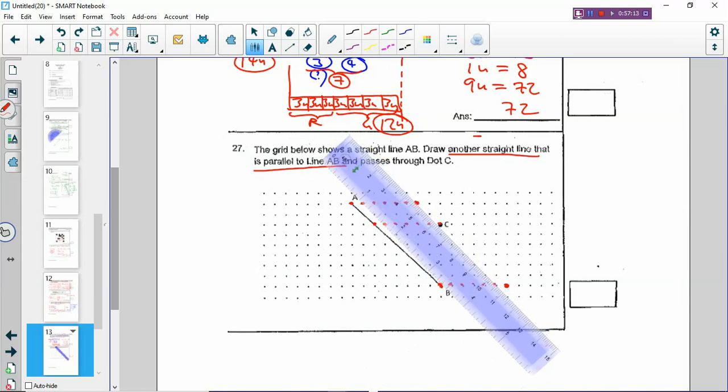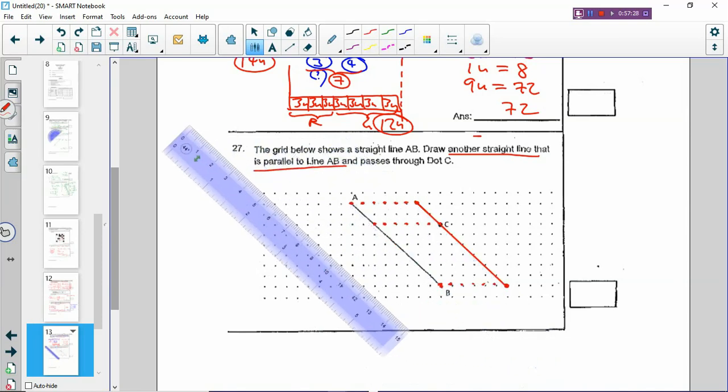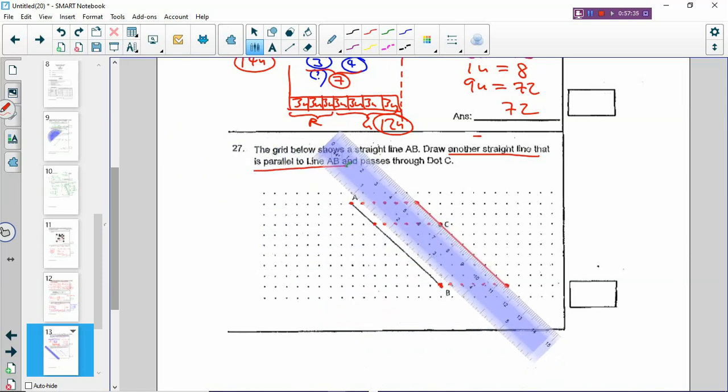So make sure that your line cuts through the dots. Okay, so you have to place your ruler nicely so that it cuts through. Okay, something like that. Cuts through the dots. Okay, yeah, it has to cut through the dot, right? My line is a little bit out, but you have to make sure the line cuts through all the dots that are given to you, like this.